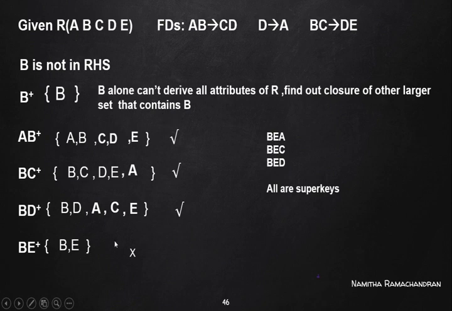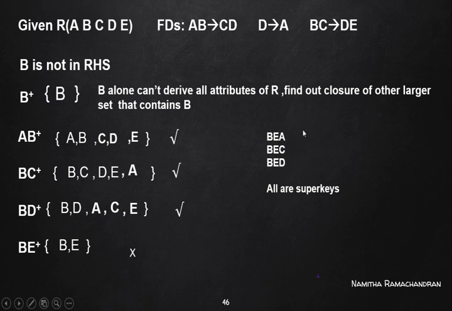So consider the next higher set that contains attribute BE. The set contains 3 attributes, among them 2 elements are B and E. So what are the possibilities? BEA, BEC, BED.